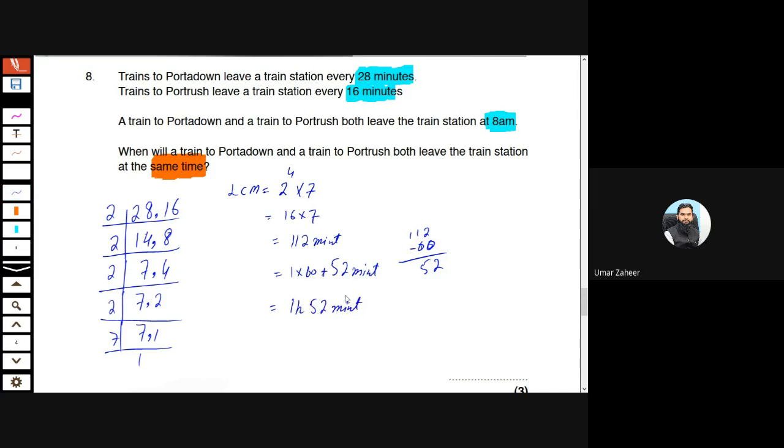They started at 8 a.m. So 8 plus 1 hour and 52 minutes is going to be 9:52 a.m. Yes, is it clear?